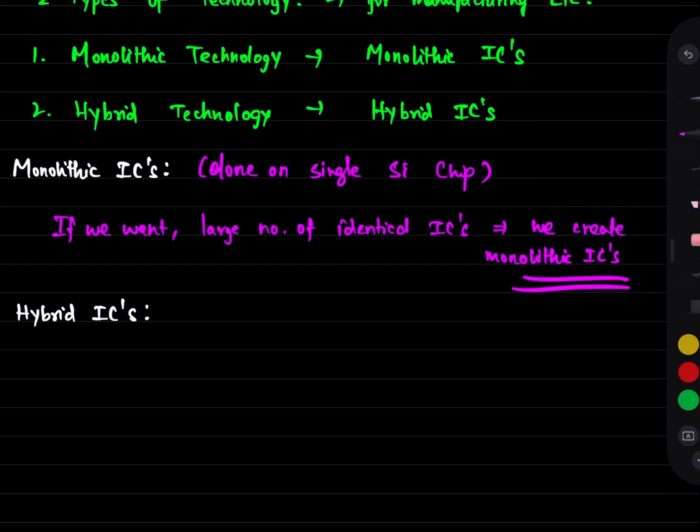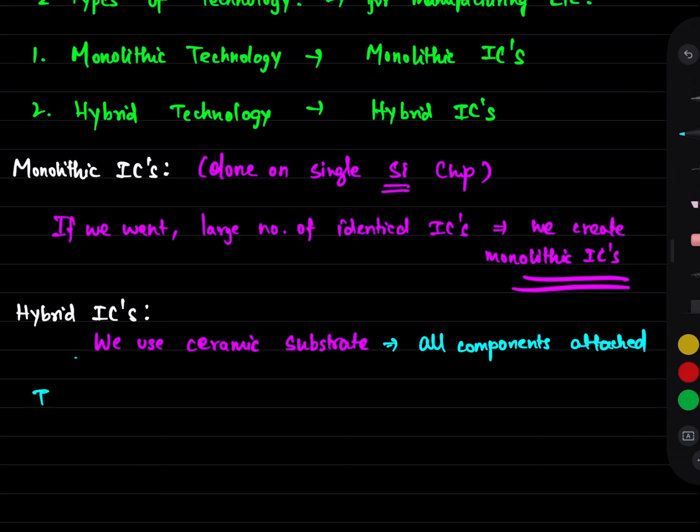So in monolithic we used silicon, but in hybrid ICs we use a ceramic substrate instead, and all the components are attached to the ceramic substrate, and the interconnections between the components are done. Components include active devices and passive devices.